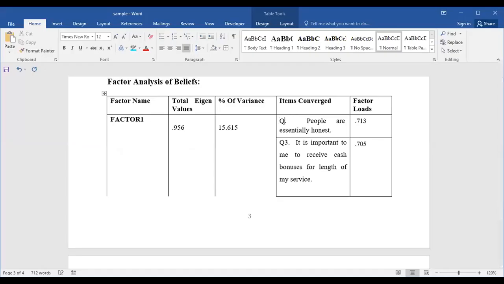I'll write question number 13. You can copy paste the statement, and the factor load is 0.777. Similarly, there were other questions which were clubbed, so you need to copy paste the question and their factor loads for writing the results. Like this, you can write the results for factor analysis.